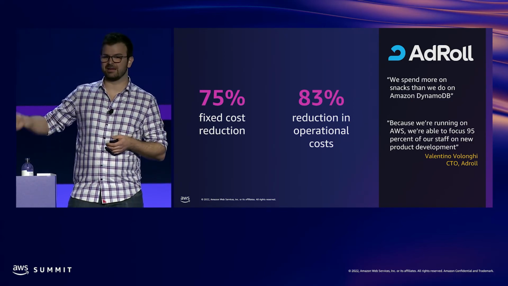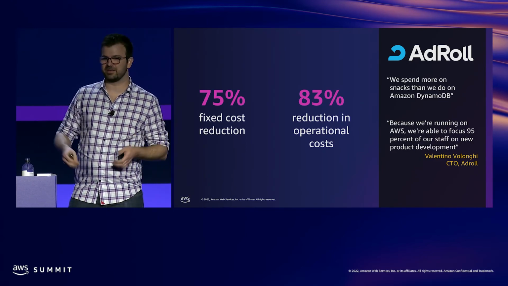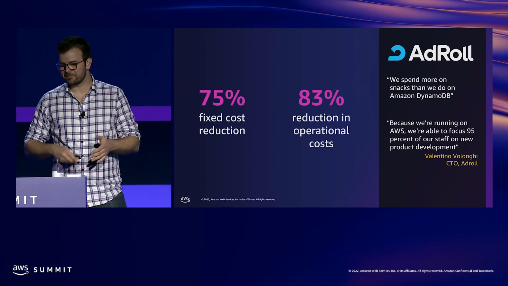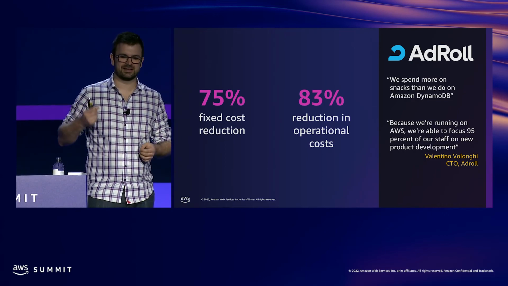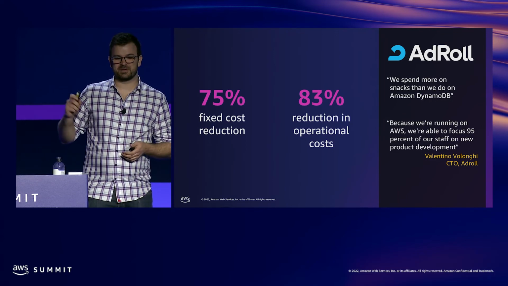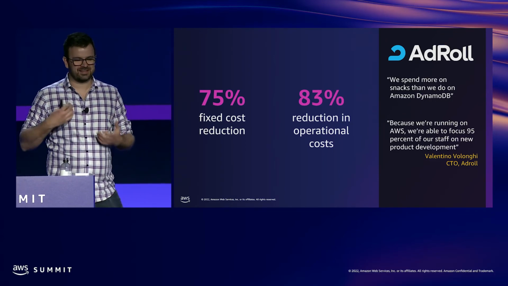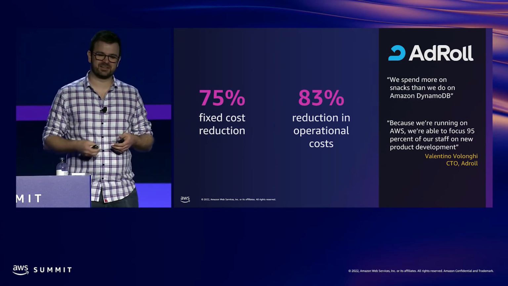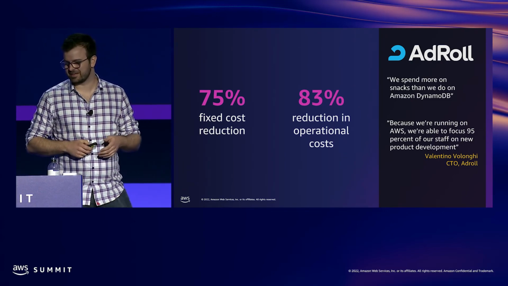So that's time, that's energy, that's people that are no longer doing manual work and are able to be inventive and do creative things. I also like that their CTO, Valentino, said that because of the work that they've done to reduce waste, they spend more on snacks than they do on DynamoDB. So I think that's a really great way of spending your money on the things that matter, which is making your people happy and not necessarily running a database.